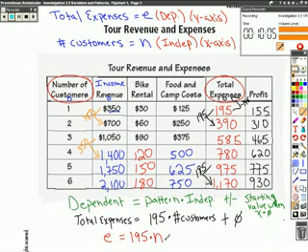So what I'm asking you to do is go back to the first video and listen to when I'm talking about profit, because I give you a hint as to how to write the equation. I'm going to make you do a little bit of work for this one. If you took notes on the first video, then you might already have it down. But if not, just listen to it, and that should help you write the equation for profit. And then we'll talk about that tomorrow in class.